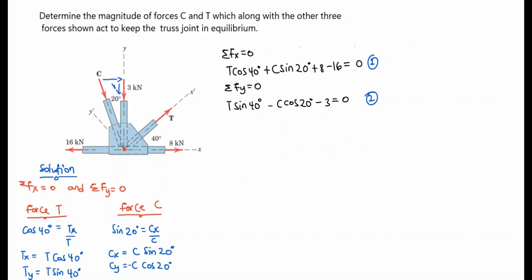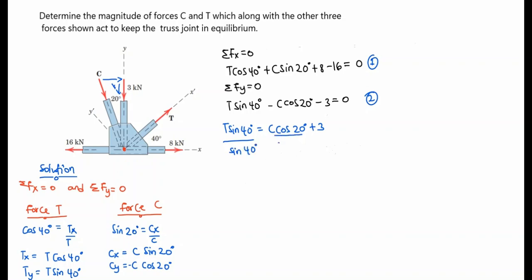From the second equation, I'll make T the subject. We have T sine of 40 degrees equal to C cosine of 20 degrees plus 3. I'll divide both sides by sine of 40 degrees.